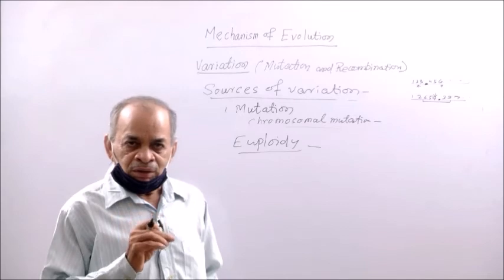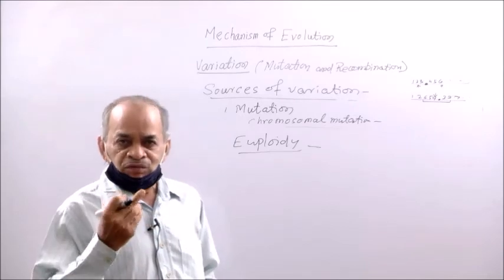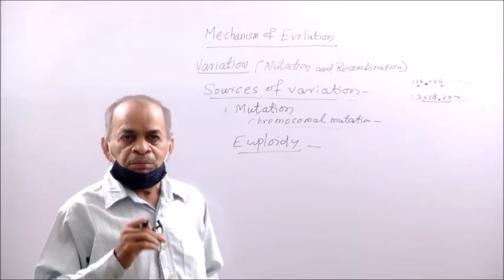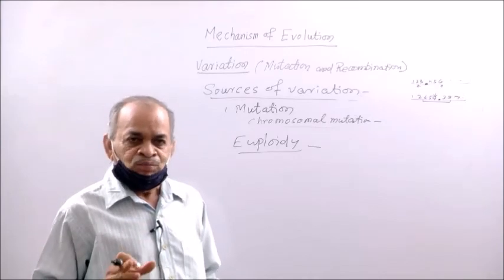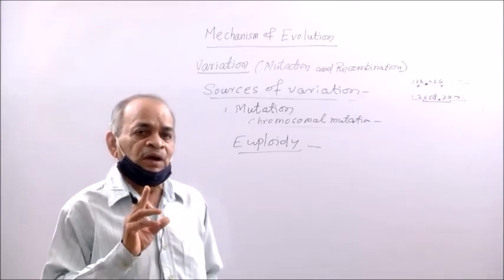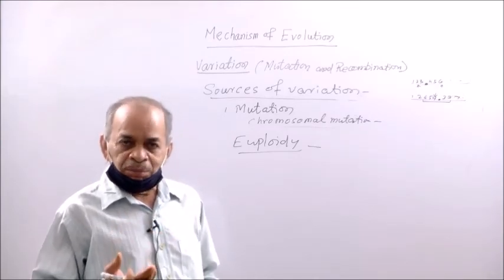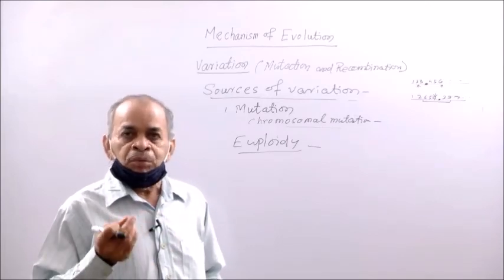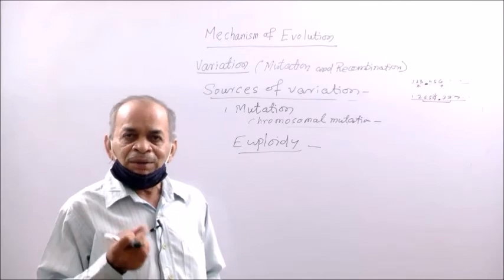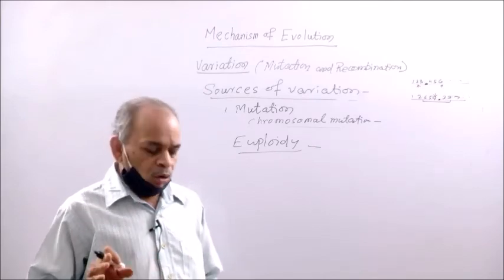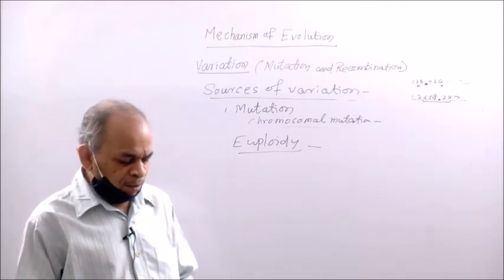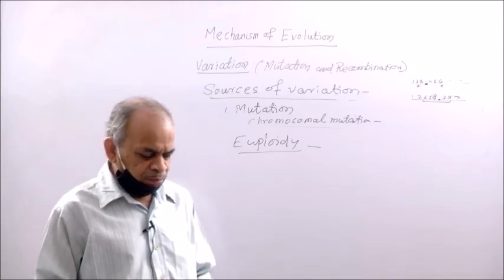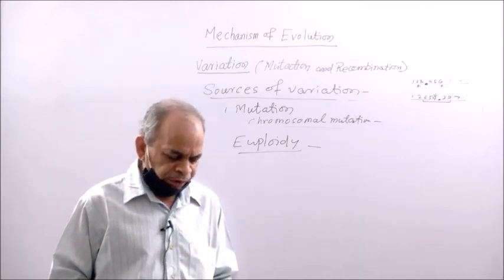Either it may be 1n, or 3n, 4n, 5n, 5 sets, like that. If a single set is present, it is called haploidy. 2 sets, diploid, that is the normal. If 3 sets are present, triploid. 4 sets tetraploid, 5 sets pentaploid, and so on. So change in the number of sets of chromosomes from normal diploid condition is called euploidy.